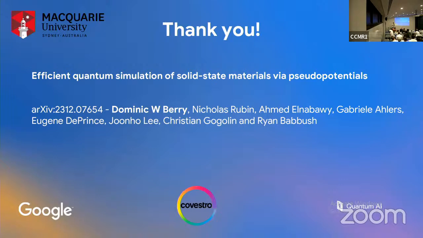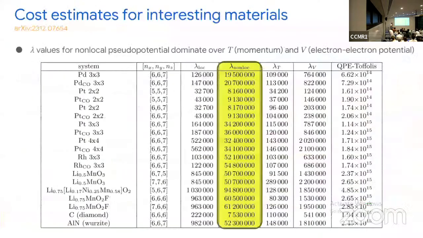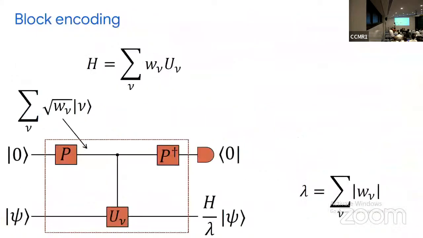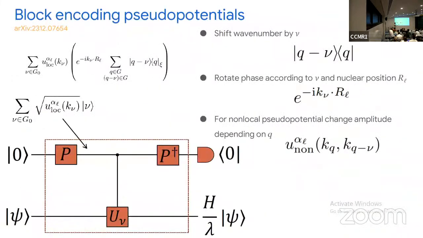And the only thing where we're really putting angles in is, if you remember, we had that e to the i factor with the nuclear position. So that's a phase factor. But this is a pretty negligible contribution to the complexity. So we're just calculating this thing coherently in the argument of the exponential, and then that's being used to add into a phase gradient register for the phase rotation.